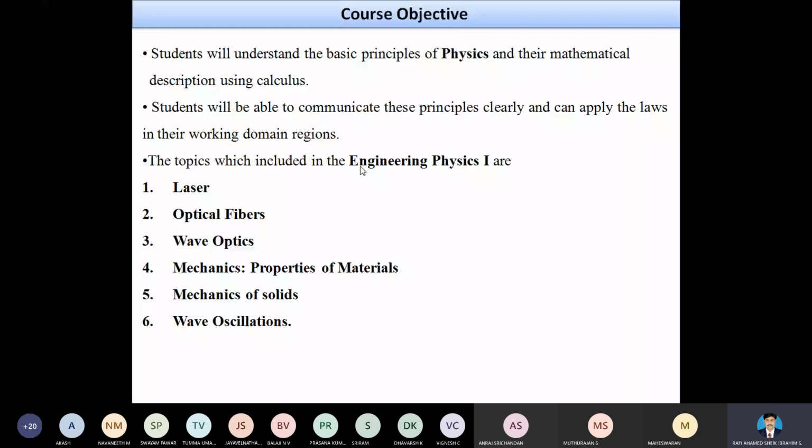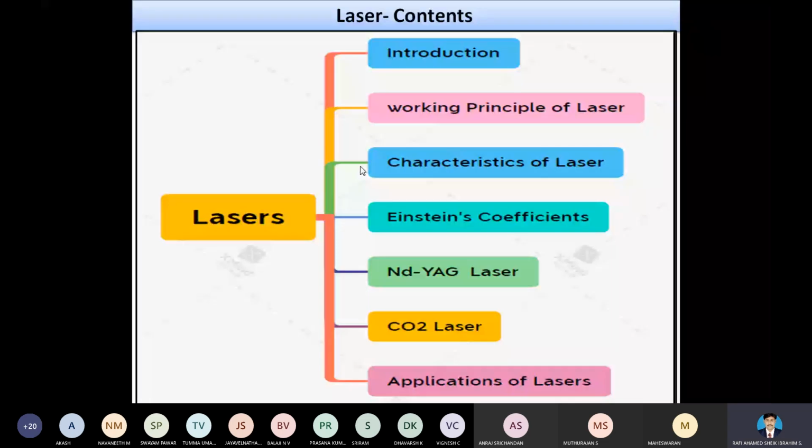We are going to consider the principles of the laser. We are going to apply this laser principle in our domain areas. So this is the mind map for the first part, laser.